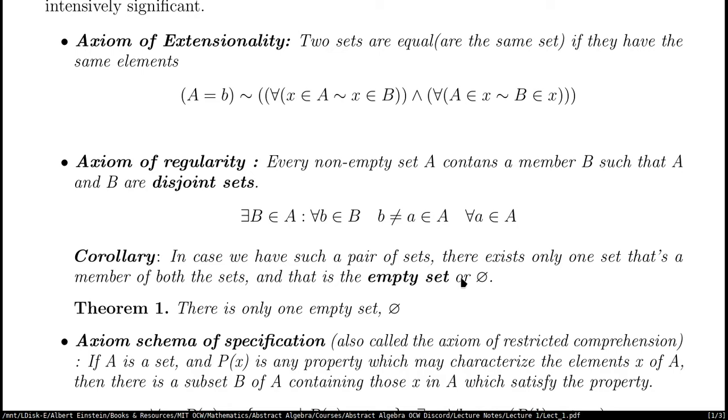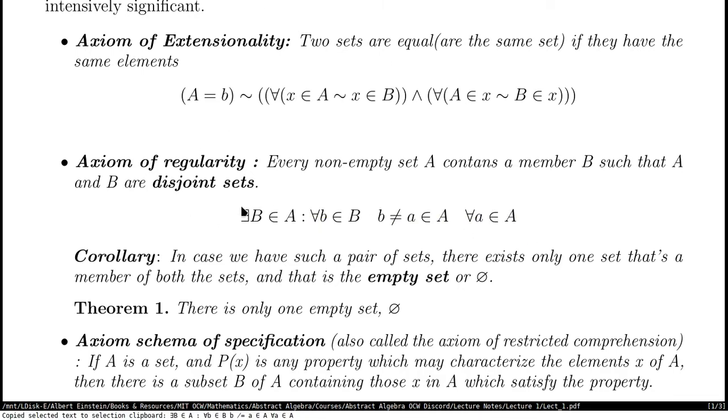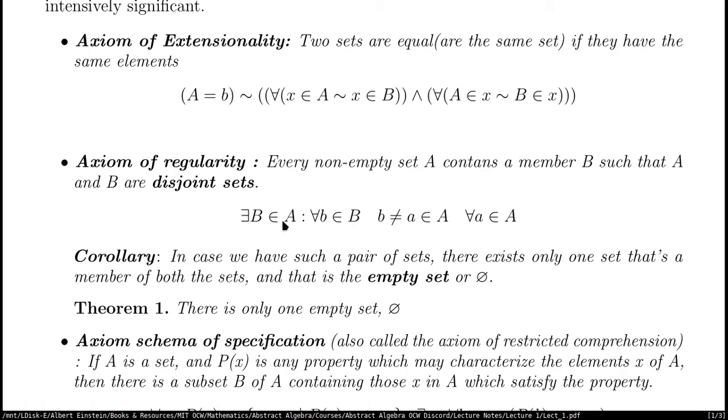The axiom can be written down in this manner: there exists a B in A such that for all lowercase b, the elements in capital B, it is never equal to any of the elements lowercase a in the set A. That's the disjoint property.